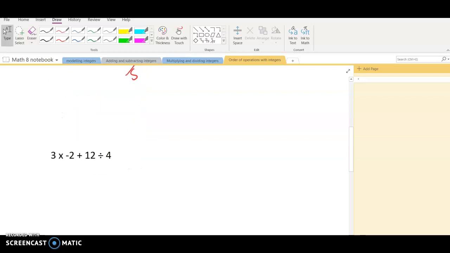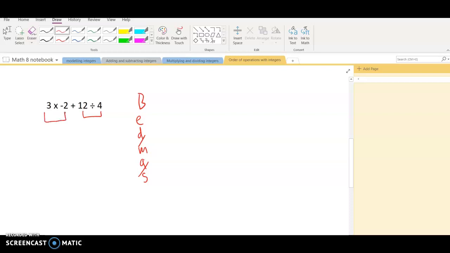So, 3 times negative 2 plus 12 divided by 4. We're not doing this division first, even though in BEDMAS division comes before multiplication, because we're solving from left to right.